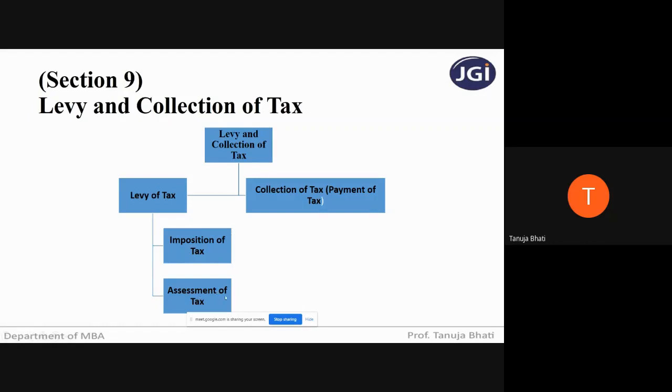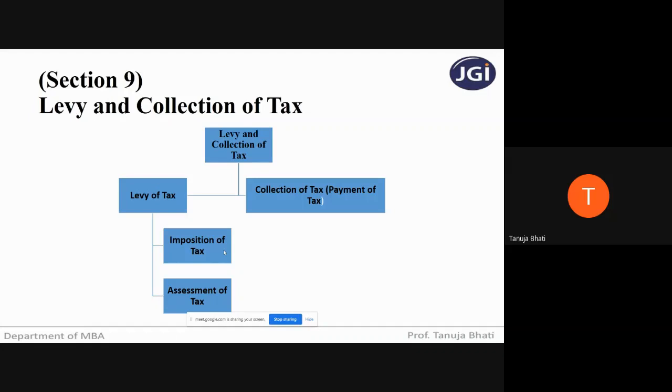Now, what do you mean by assessment of tax? Calculating the amount of tax to be paid on a particular supply. So, for example, when you go to a shop to buy a particular product, the supplier is going to give you a product.